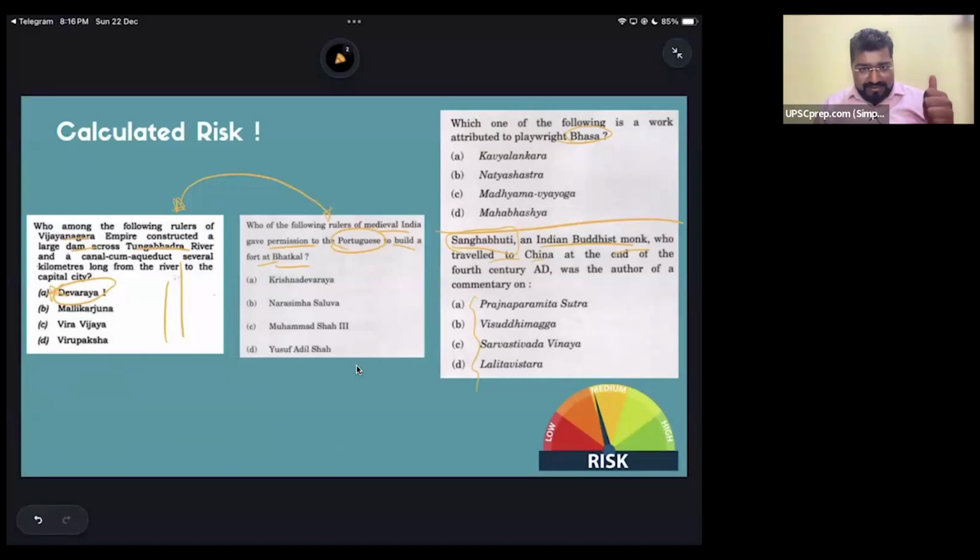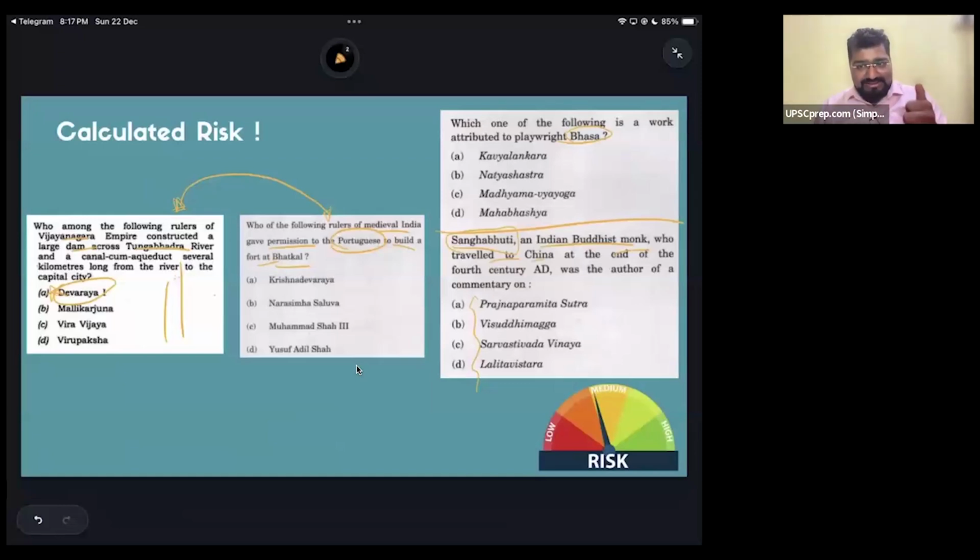So one sutra to clear the prelims is: whatever you are not knowing, even after doing all these things, the other person will also not know that concept. So your aim is not to fight on those questions.